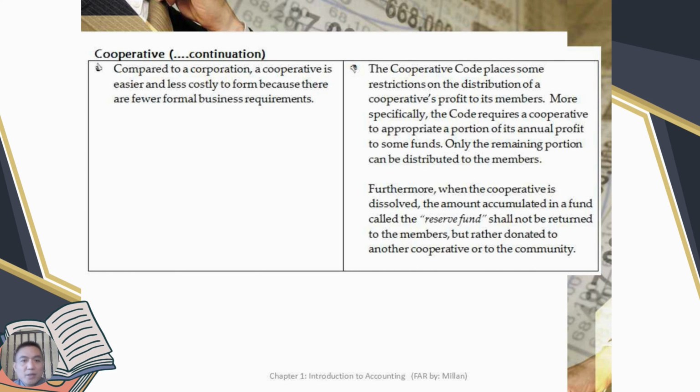More specifically, the code requires a cooperative to appropriate a portion of its annual profit to some funds. Only the remaining portion can be distributed to the members. Furthermore, when the cooperative is dissolved, the amount accumulated in the fund called the reserve fund shall not be returned to the members but rather donated to another cooperative or to the community.